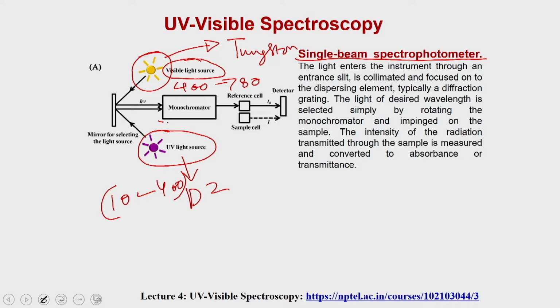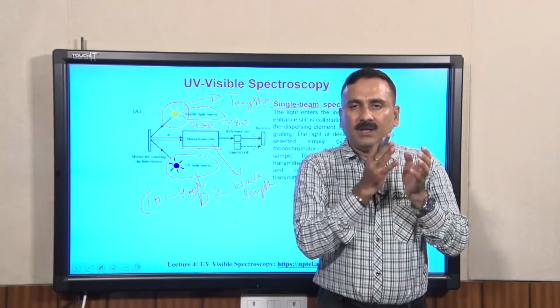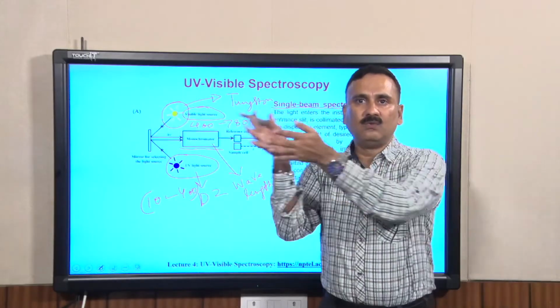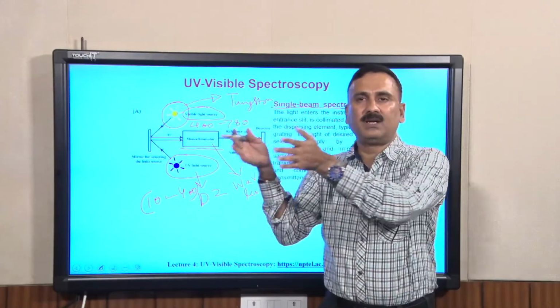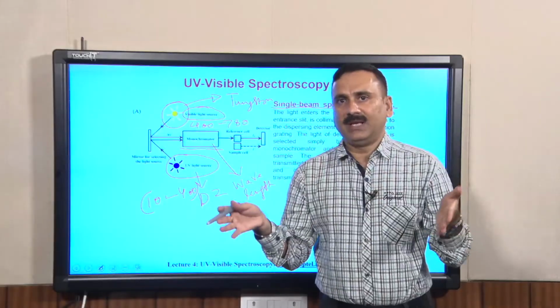Next you have a monochromator, which gives you the flexibility to use a particular wavelength or a set of wavelengths. The monochromator can scan a range of 190 to 400 or 400 to 600, or whatever range you would like to select.